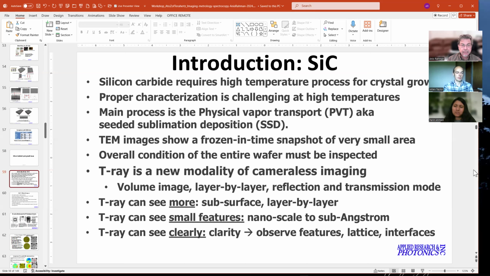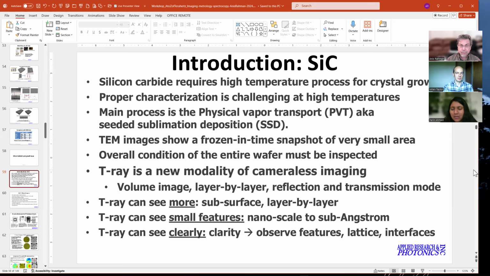Even today, as I showed at the very beginning, a silicon boule or ingot can be single crystal, grown 2 meters, 3 meters long. But for silicon carbide, even today, we cannot grow a longer boule.